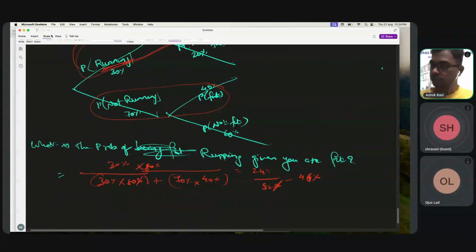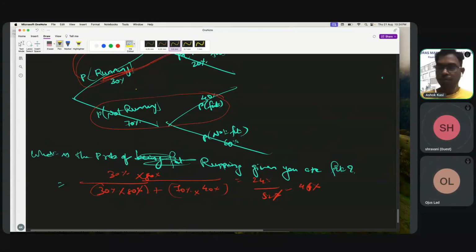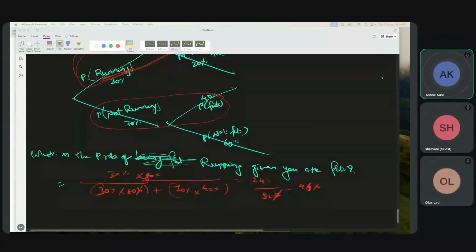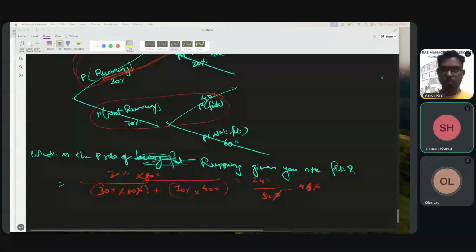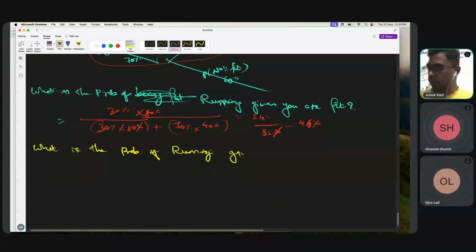Now next question. What is the probability of running given you are not fit?